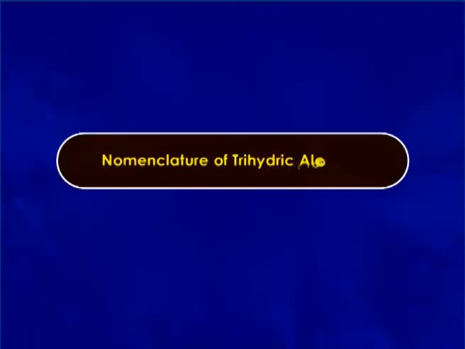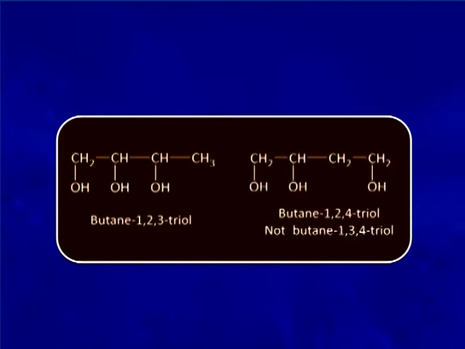We will now discuss the nomenclature of trihydric alcohols with the help of certain examples. In this particular case, you can see that we have 4 carbon atoms. So, it is a butane triol, but if we number the molecule from this carbon, then the 3 hydroxy groups will take positions 2, 3 and 4, but if we number it from here, then the positions will be 1, 2, 3 triol.